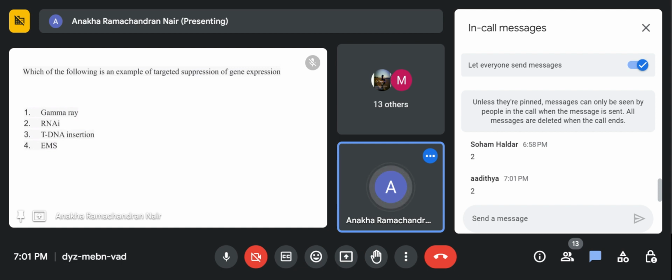So, what they're asking you for in this question is the targeted suppression of gene expression. So, you're trying to suppress the expression of a particular gene, right? So, let's see what gamma rays do. Gamma rays cause mutations in the cell. If this is a DNA, they cause a double-stranded break.